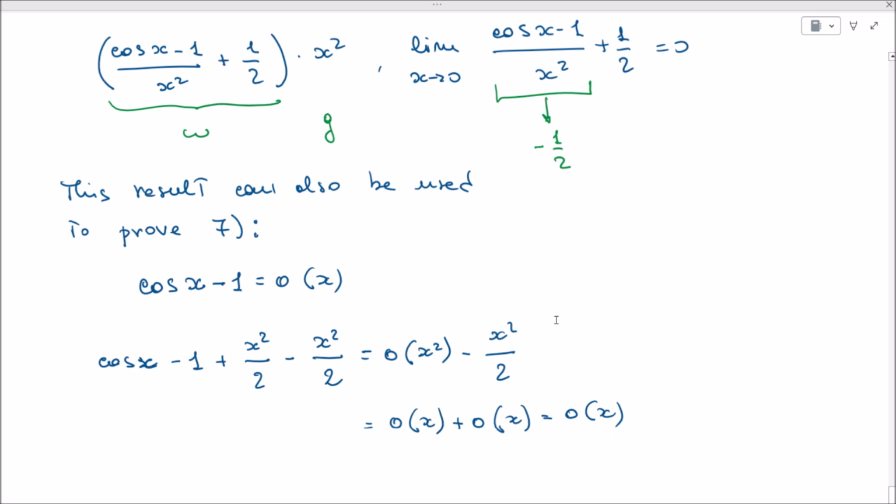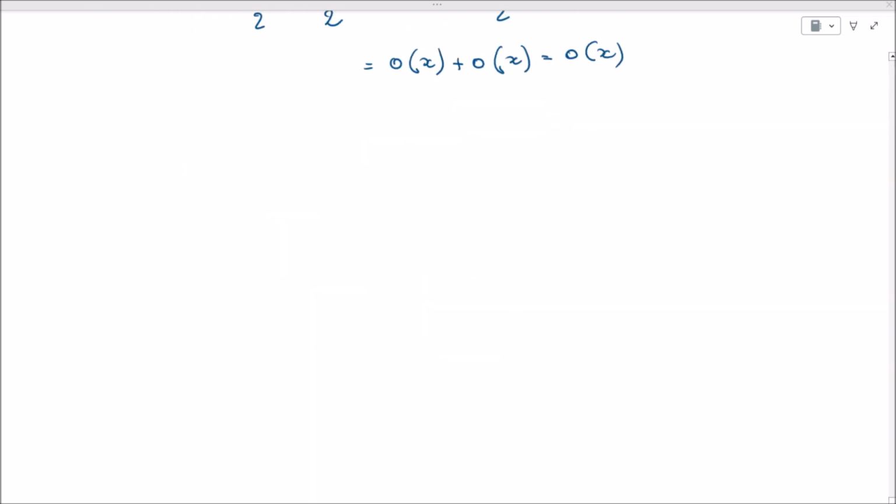So we have now a number of expansions. Let's see how we can apply this. So let's apply these expansions to the computation of some limit. So let me start with this example. Let's say we want to evaluate the limit as x goes to 0 of this fraction.